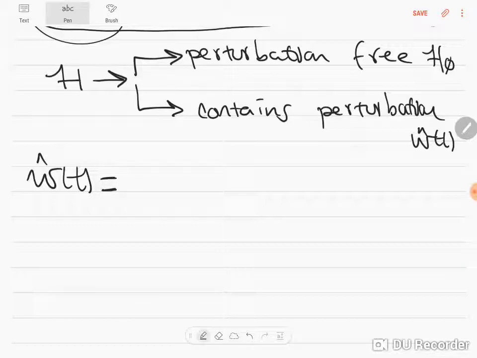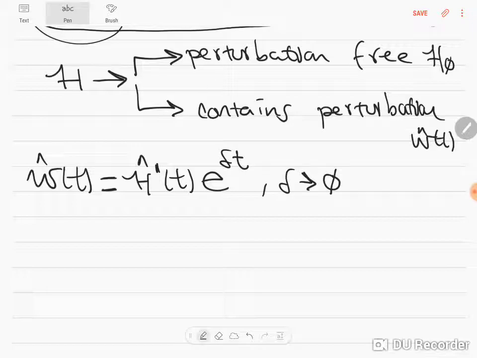Usually there are some books that write this as some Hamiltonian H prime, which contains the perturbations, times some adiabatic decay factor where delta tends to 0. So this just guarantees that the perturbation is turned on adiabatically. You can remove it or you can leave it there, it's up to you. It doesn't affect really much the calculation.